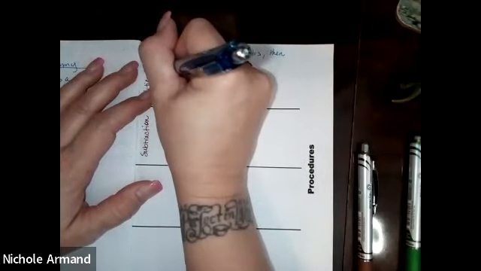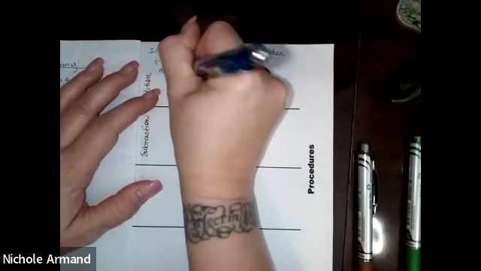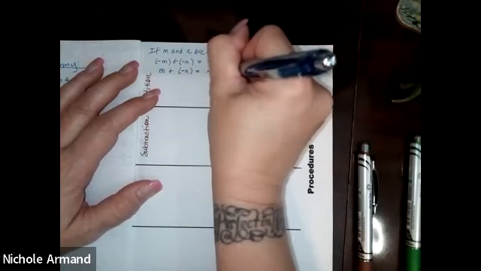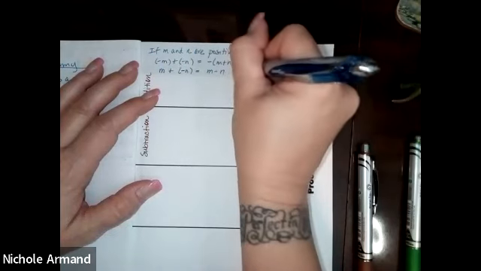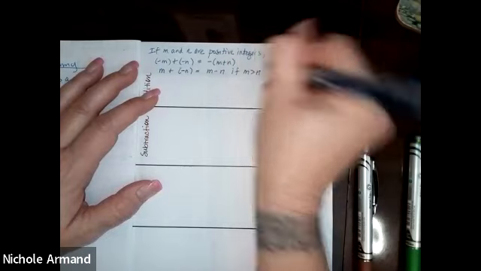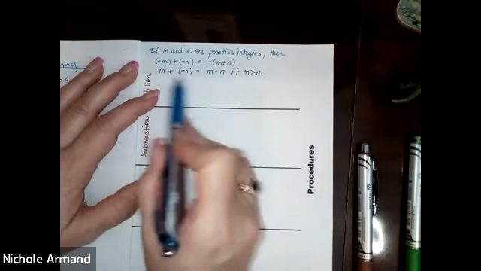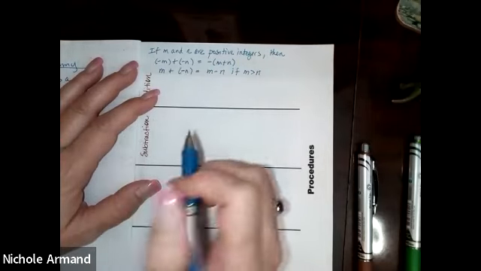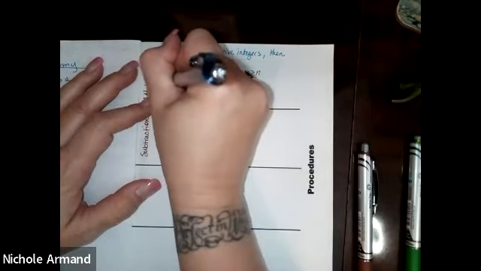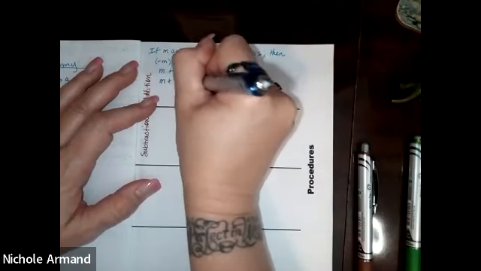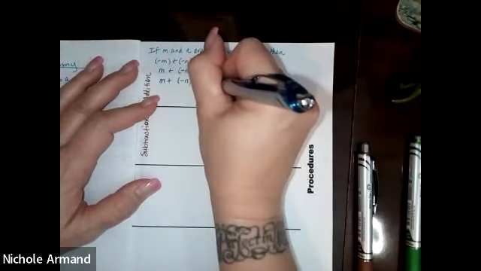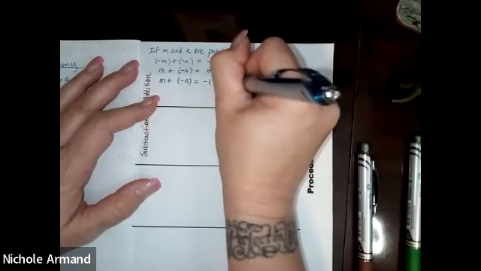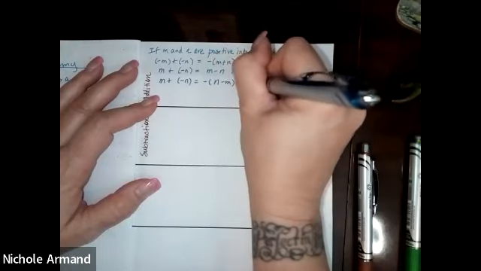We are going to have m plus negative n is equal to m minus n only if the m is bigger than the n. So when we have opposite signs, we always subtract and we keep the sign of the larger number. So m plus negative n is going to be the opposite of n minus m if the n is bigger.